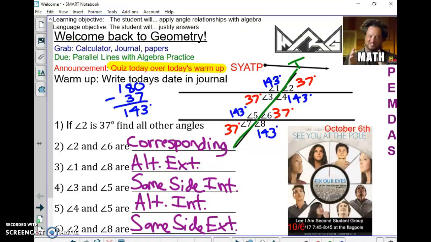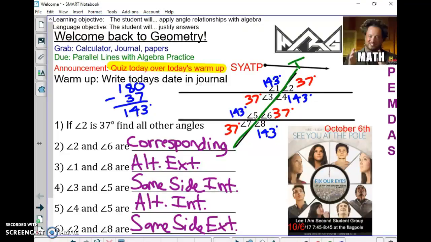Those are the 5 new phrases that we learned last Monday. The quiz today is on this stuff. There's one last thing. So let's recap. If you're given an angle, you can fill the rest in. If I give you 2 angles, tell me what they are. Just remember corresponding is a weird one. Here's the last thing you've got to know.